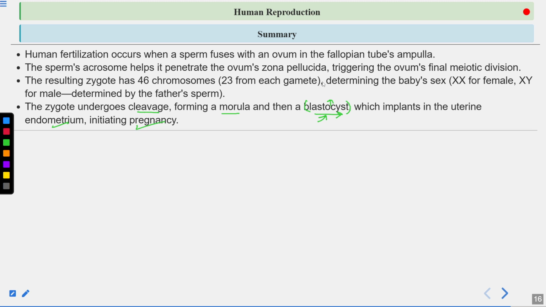Here, the trophoblasts help the blastocyst to attach to the endometrium. Okay. It helps in the implantation. It helps the embryo attach to the uterine wall. Okay. And to also provide nourishment to the developing embryo.